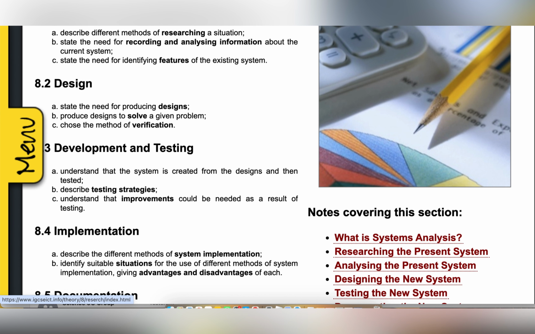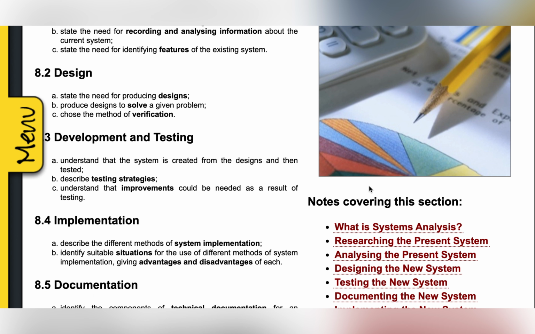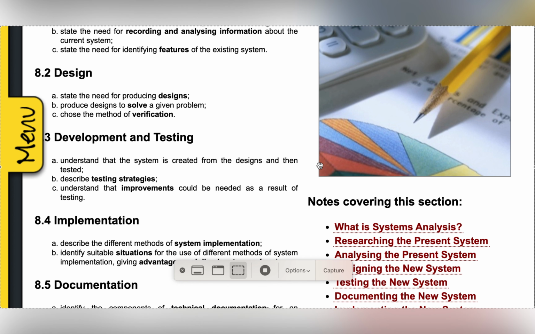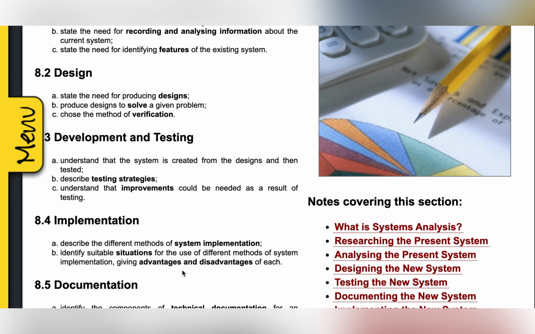So if the old system already has a problem, then we can come up with a new system, or a new design. The sole purpose of a new design is to solve the problems that are inherent in the old system that we're using in an organization.